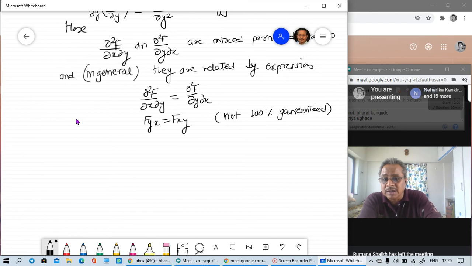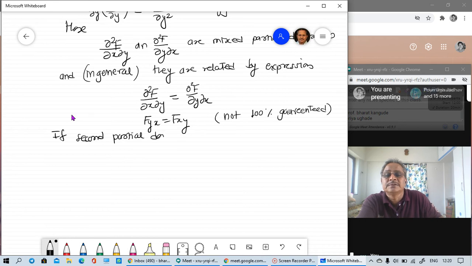This is second order. Now we have gone to second order. Now we can go further. If the second order partial derivatives are functions of x and y, then those can be differentiated.